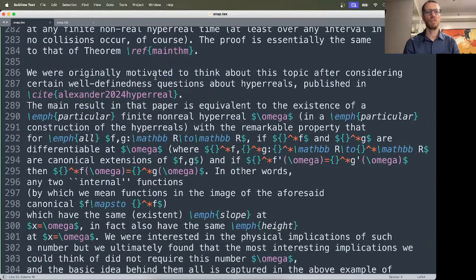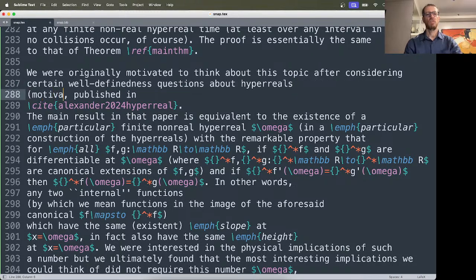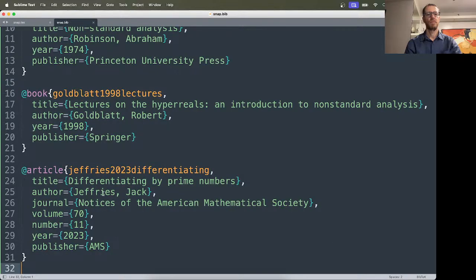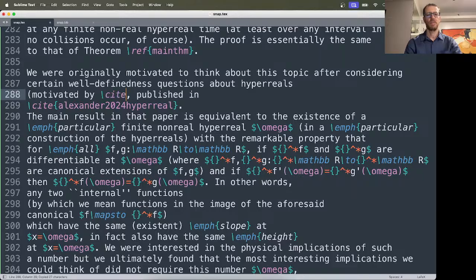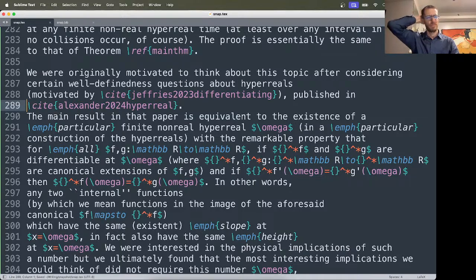We were originally motivated to think about this topic after considering certain well-defined questions about hyperreals. Motivated by Jeffries 2023, differentiating. Let's make that a footnote.